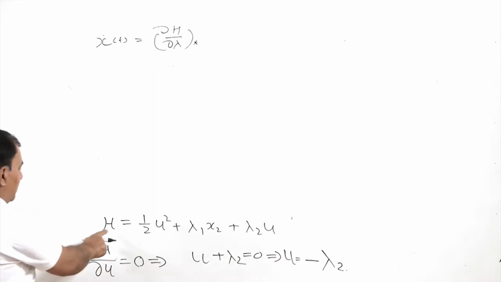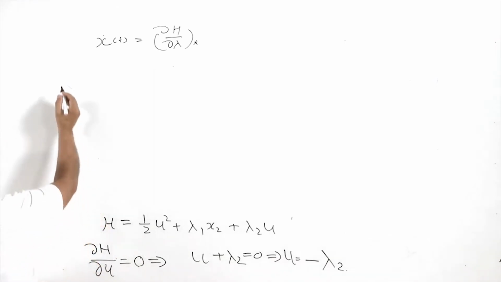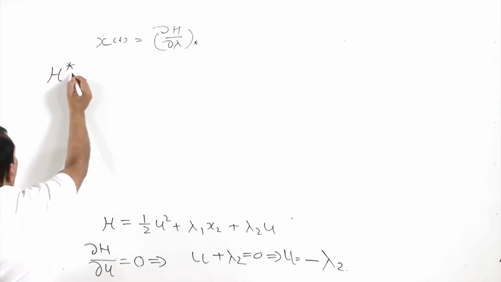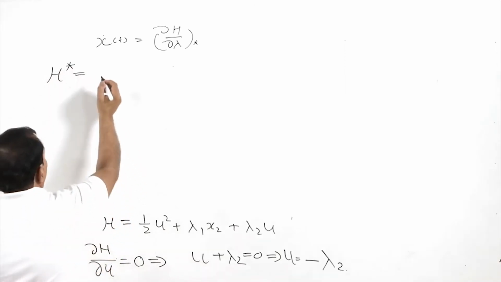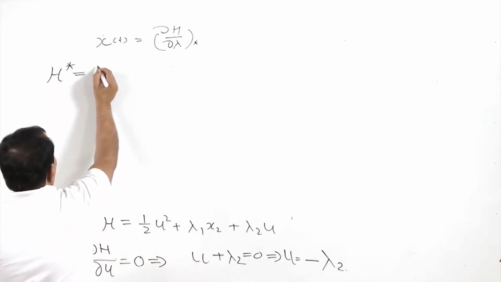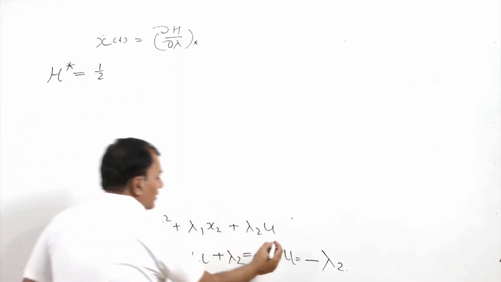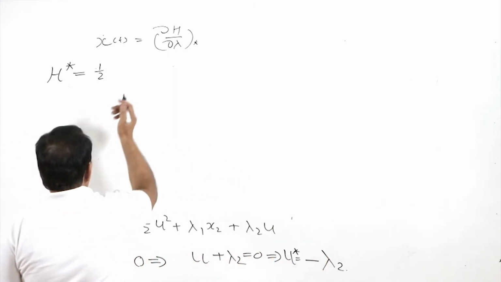If I replace my u in this, I can write my h star as 1 by 2 u squared plus lambda 1 x2 minus lambda 2 u. The optimal value of u is minus lambda 2.